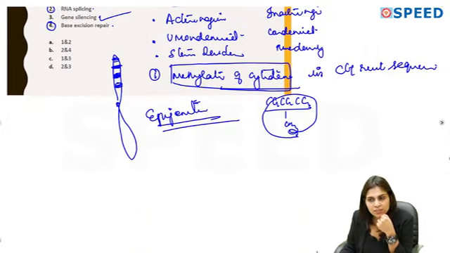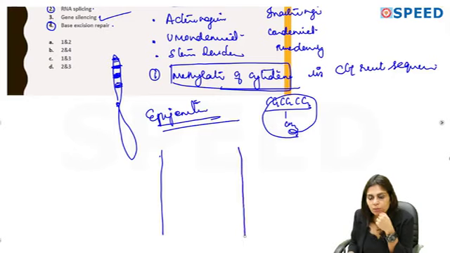What is base excision repair? Suppose this is the backbone of your DNA, and this backbone is attached to nitrogenous bases A, T, G, C. And what is between these?